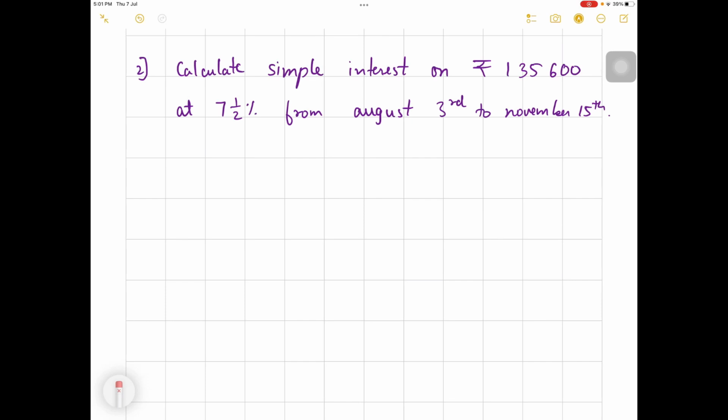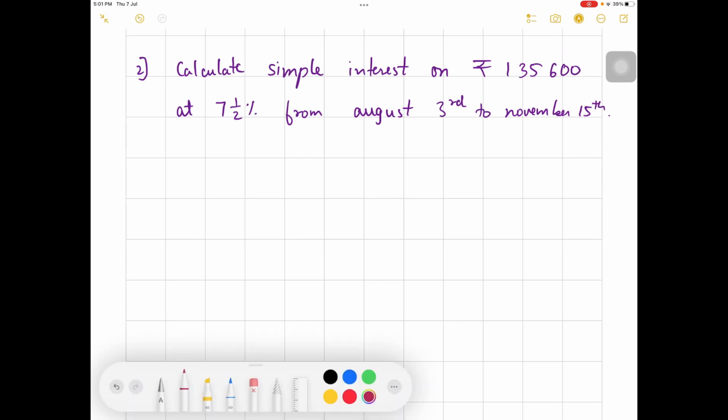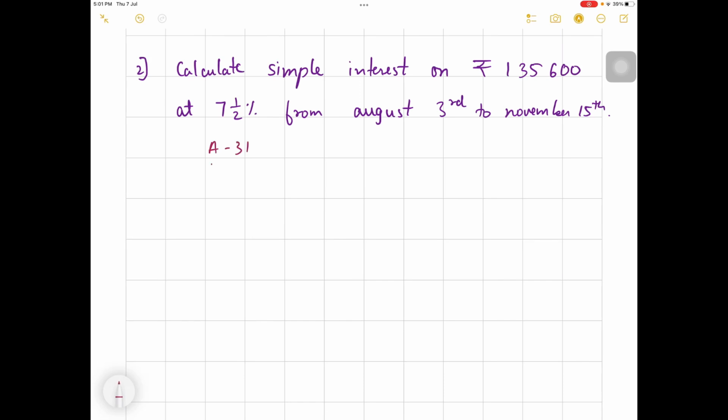August has 31 days, September has 30 days, October has 31 days, November has 30 days.